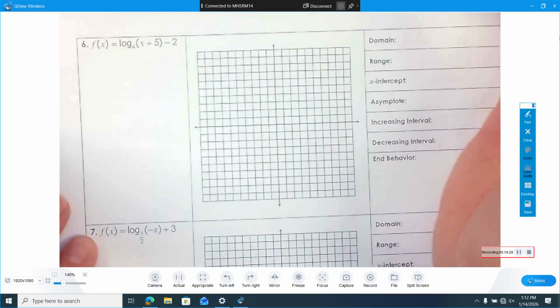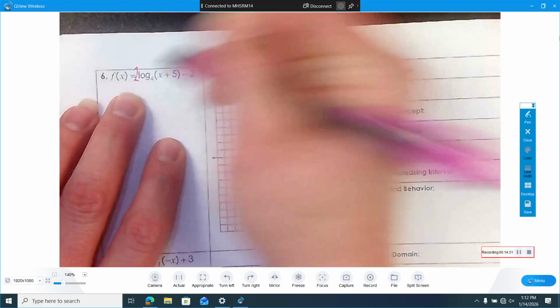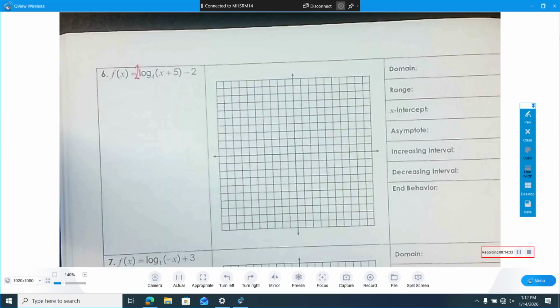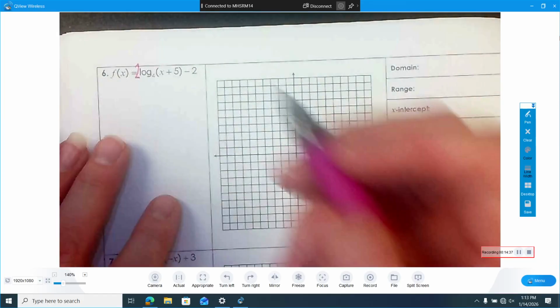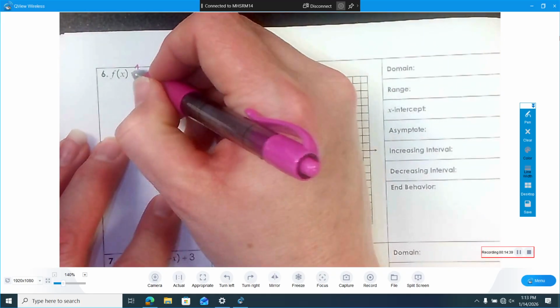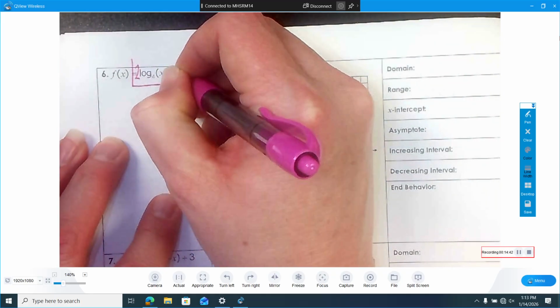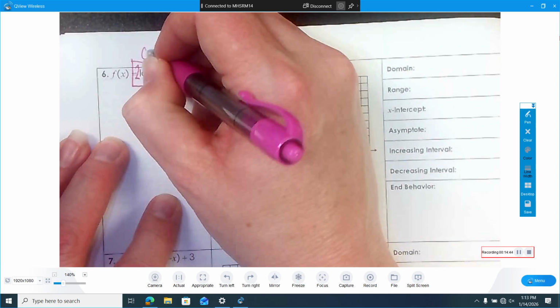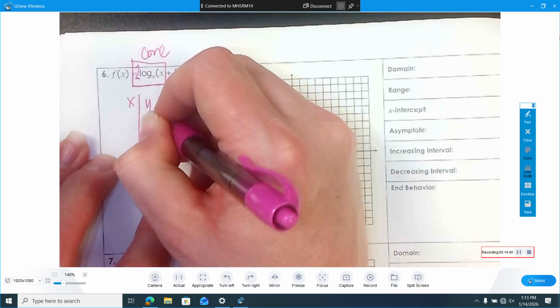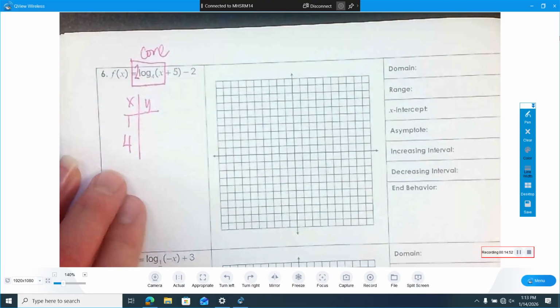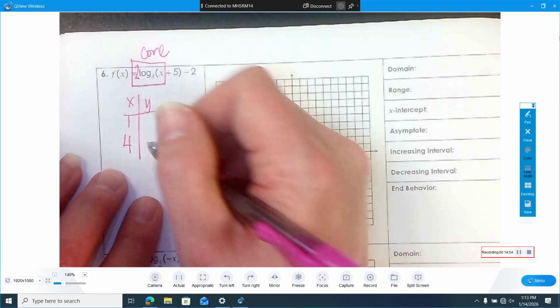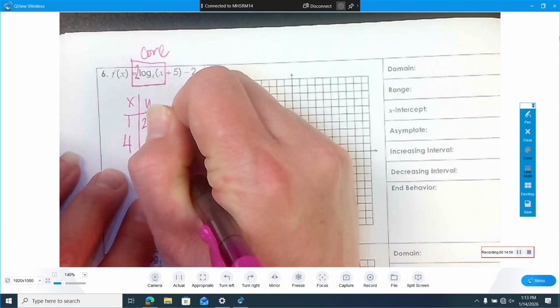All right, let's look here. Let's go ahead and put a 2 in front of number 6. So again, I have my core function here. I'm going to make my little XY chart, and what am I going to use for my X values? 1 and 4. 1 and the base, whatever the base happens to be. So we have 2 times the log of 1.